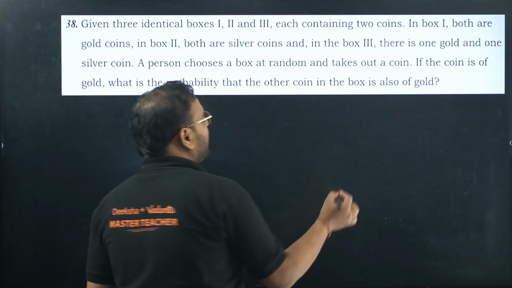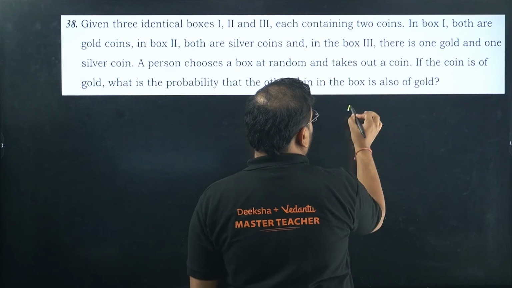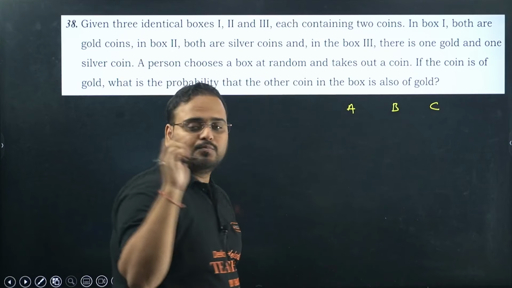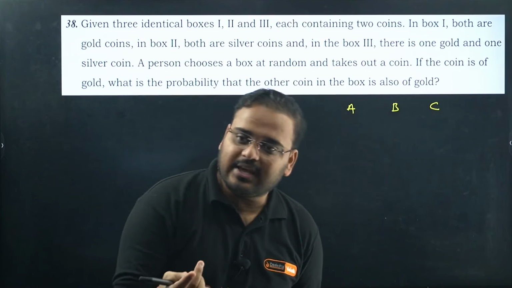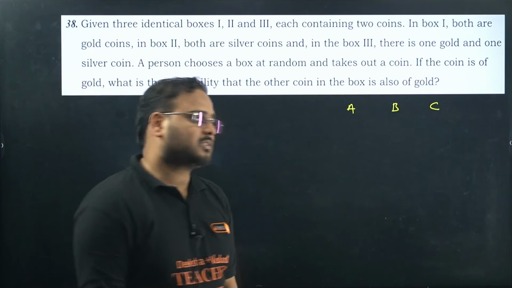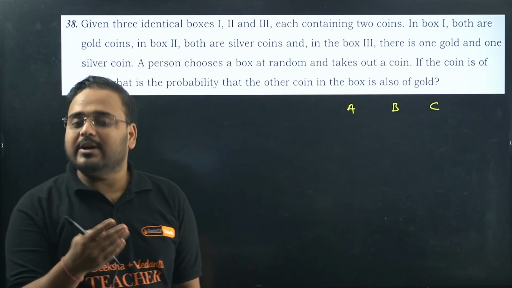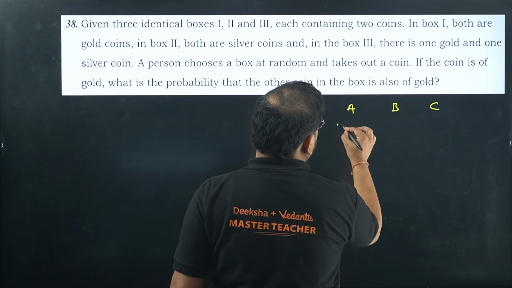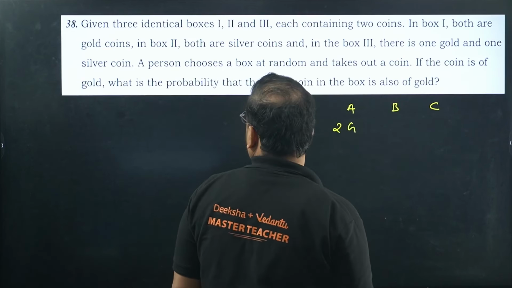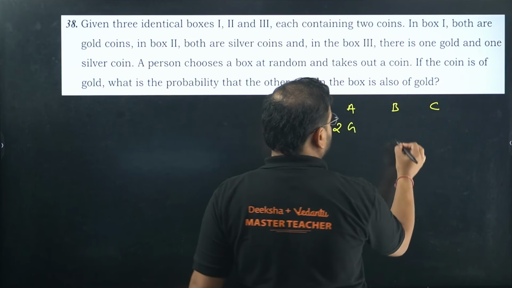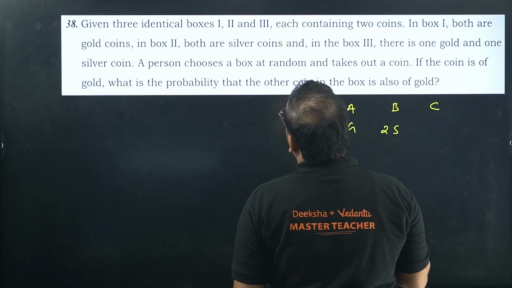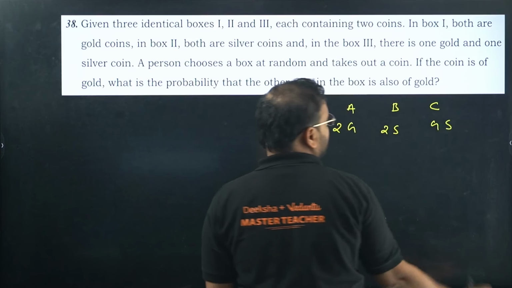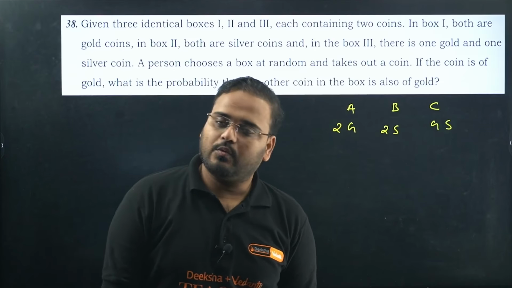Let me call box 1 as box A, box 2 as box B, and box 3 as box C. The first one has both gold, means 2 golds. The second one has both silver, so 2 silvers. And the last one has 1 gold and 1 silver, so G and S.